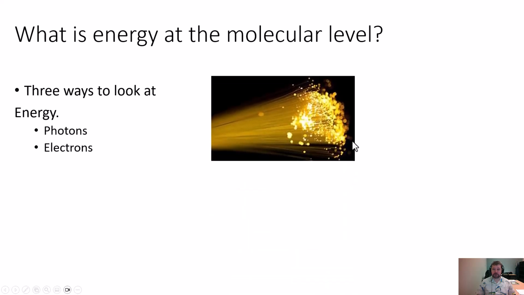Photons are little packets of light, and they have certain wave patterns. These different wave patterns have different amounts of energy, and we'll cover this in a little bit. Okay, so that's one way to look at it.